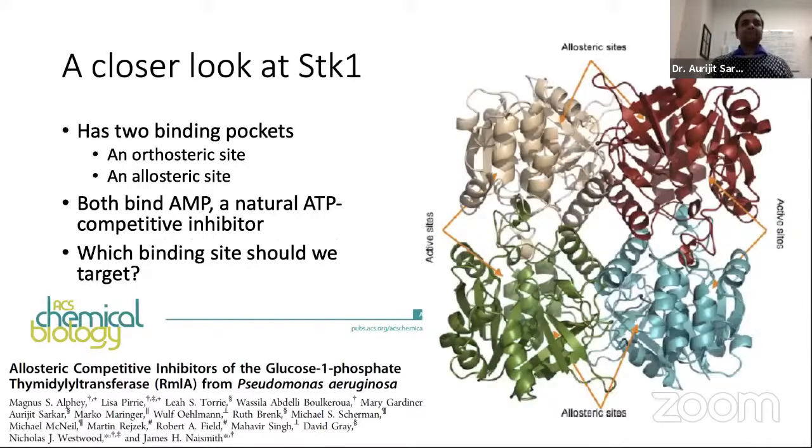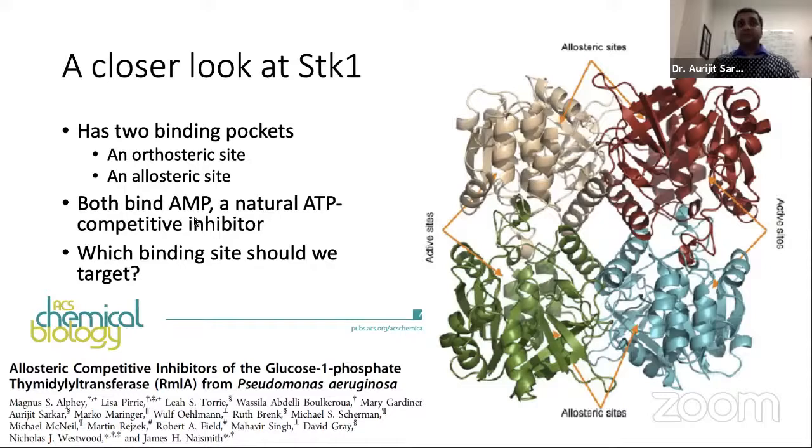So let's go back to STK1 because this was a really interesting case. You literally have an orthosteric pocket and an allosteric pocket. These are the active sites, the orthosteric sites, and these are the allosteric sites. Both of them bind TMP, right?